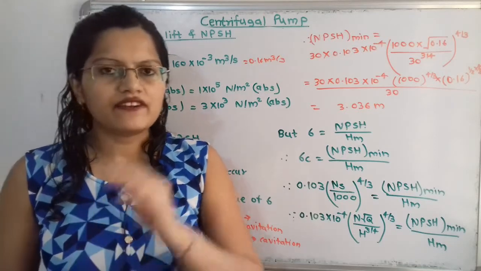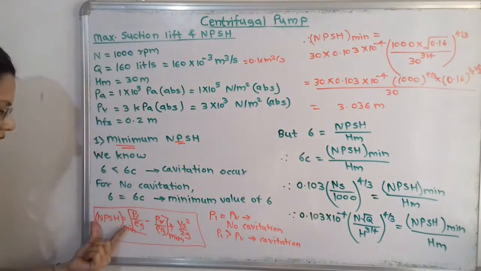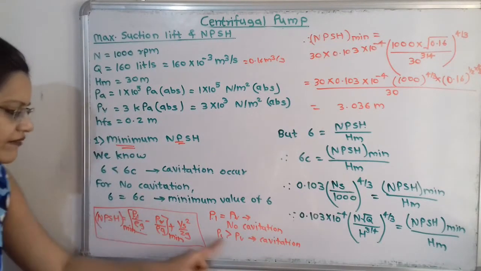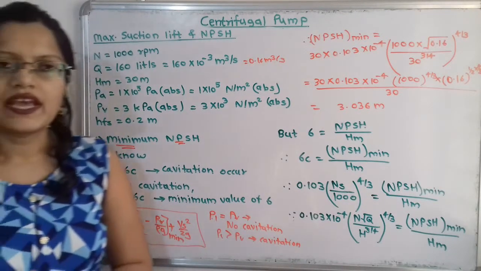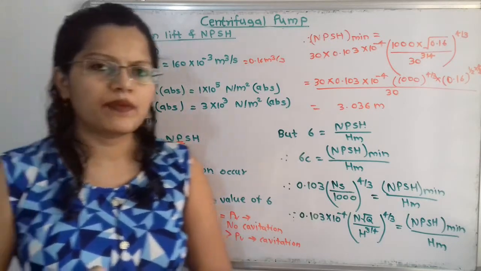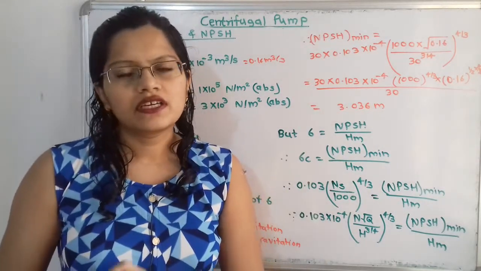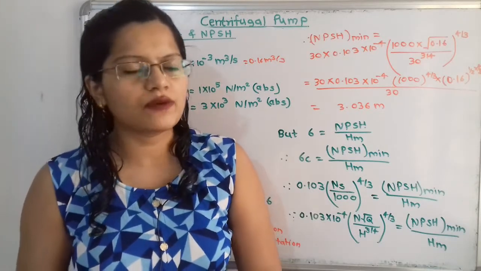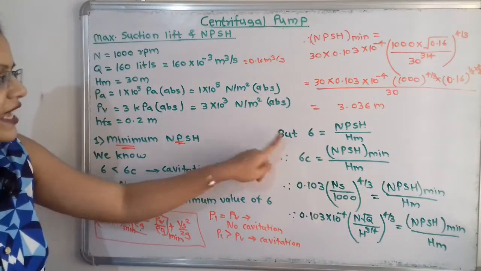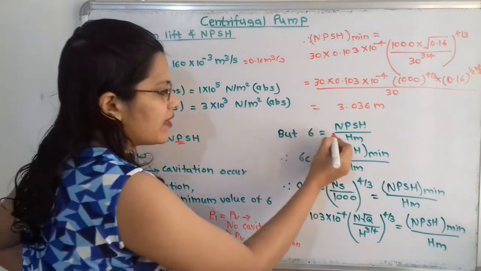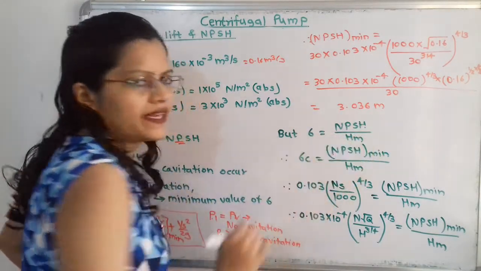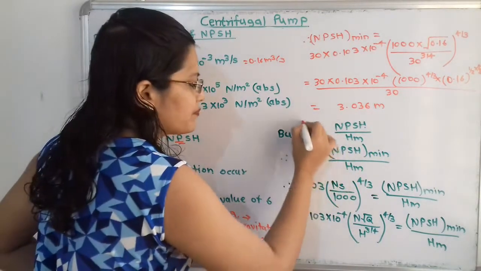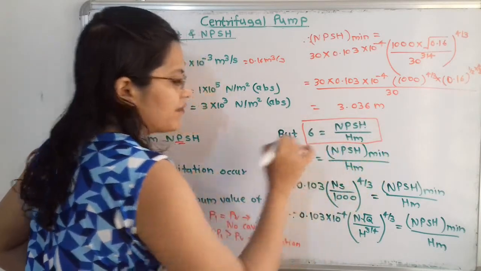So we can say that for minimum NPSH there should be no cavitation in the pump, and for no cavitation in the pump, how to measure it? It is measured in the form of sigma. So how is this sigma calculated? We know that sigma is equal to NPSH by Hm. So this is the formula to calculate the cavitation.